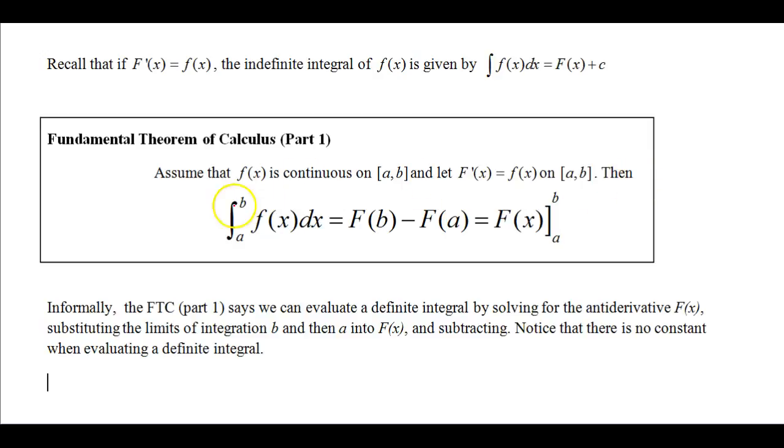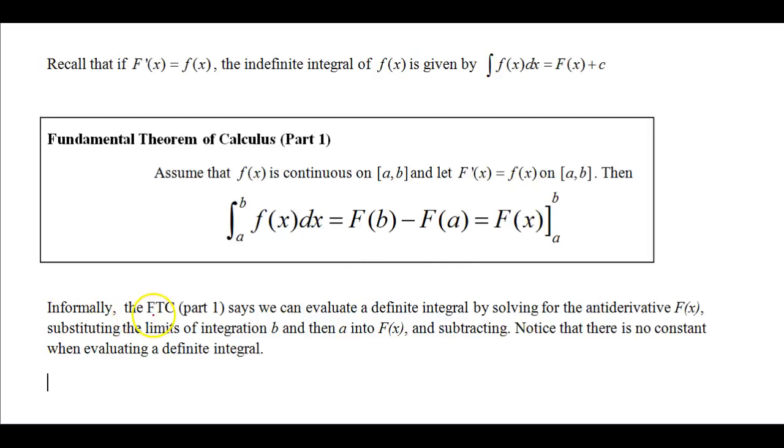Then what must be true is that the integral from a to b of f(x) dx can be found by taking the general antiderivative, F, and substituting in the upper limit of integration b, and subtracting from it the antiderivative, F again, with the lower limit of integration substituted in. A shorthand notation for how we're going to write this is the general antiderivative, F(x), evaluated from a to b.